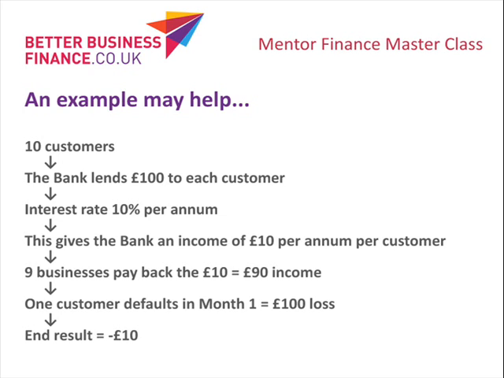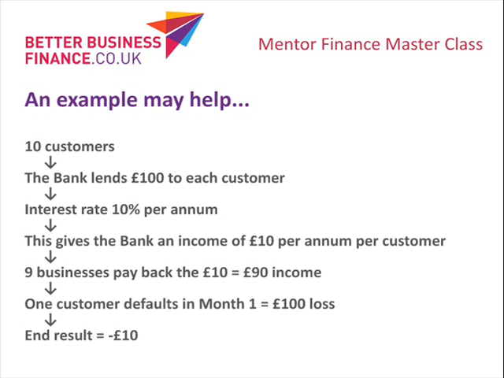Much of that may have sounded rather technical, so here is an example which I hope will help. If a bank has 10 customers and the bank was to lend £100 to each of those customers and charged an interest rate of 10% per annum, this would give the bank an income of £10 per annum per customer.